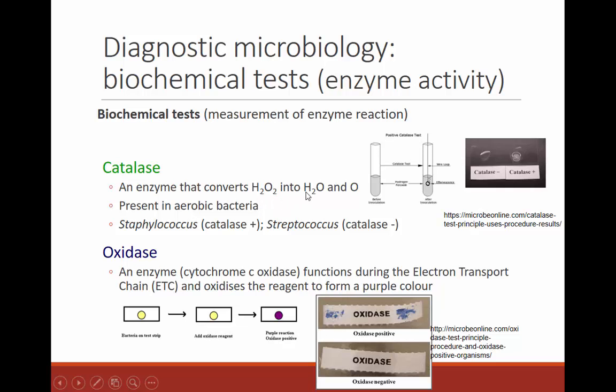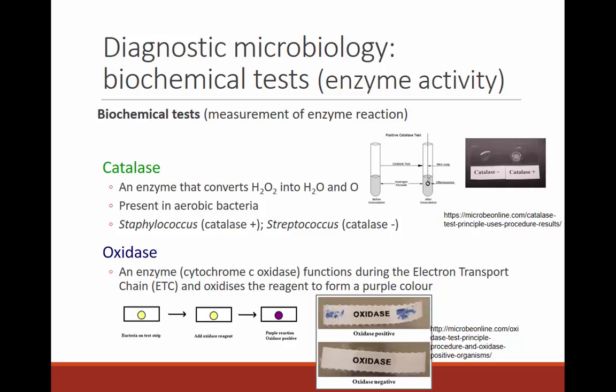So then you get conversion into H2O and oxygen. Okay? And what that looks like is if you put a bacteria in hydrogen peroxide and it bubbles, that just means that enzyme is there, so it's catalase positive.